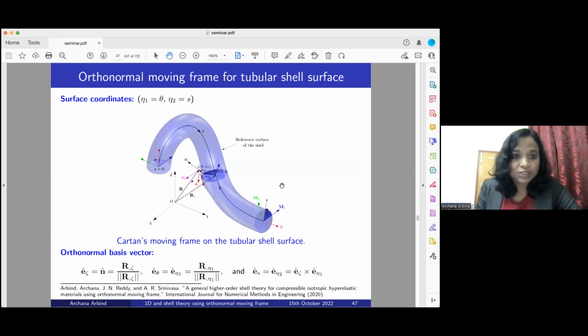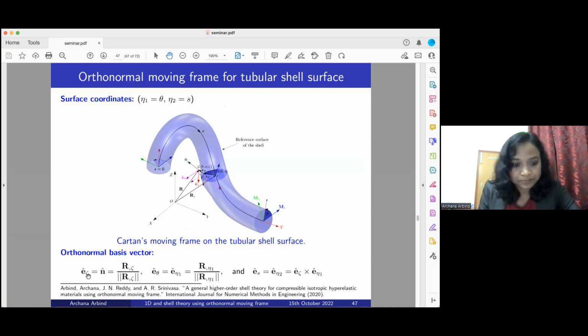Okay. So in this case also we propose the coordinate system. Here the surface coordinates for the tubular surface would be theta and s, and the thickness coordinate would be eta in the thickness direction.